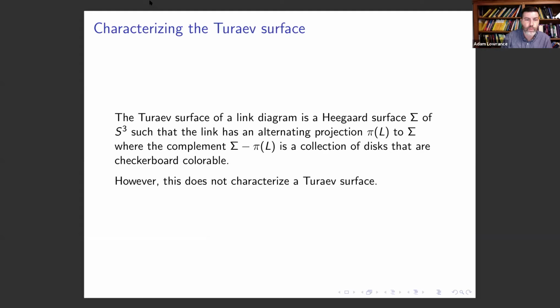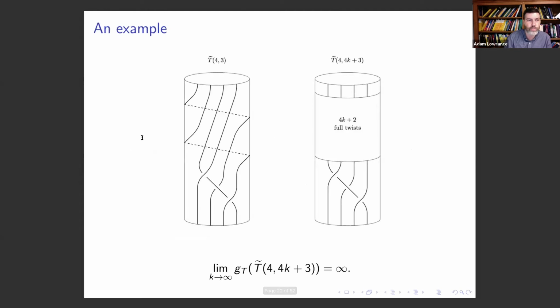So here, we have the Turaev surface having these properties. It turns out that doesn't characterize the Turaev surface. You can take an example like this. It's called tilde T(4,k), because it's almost a torus knot, but not quite.